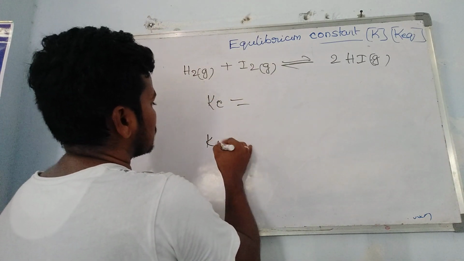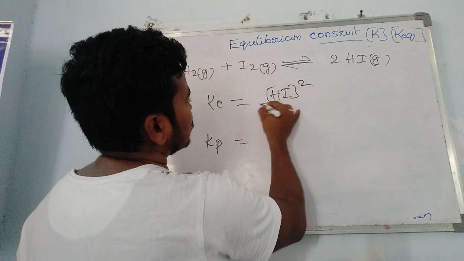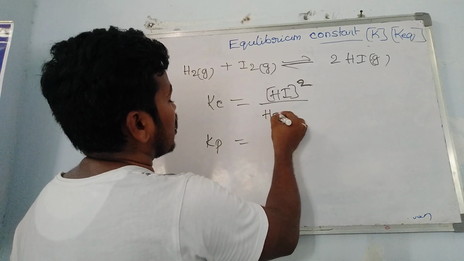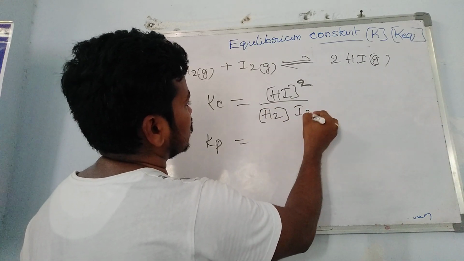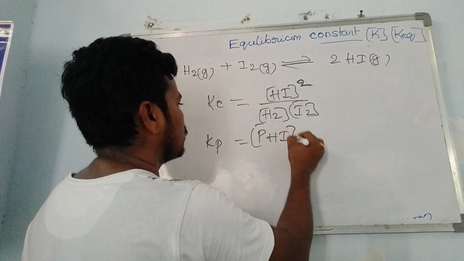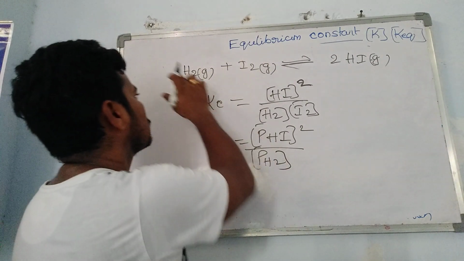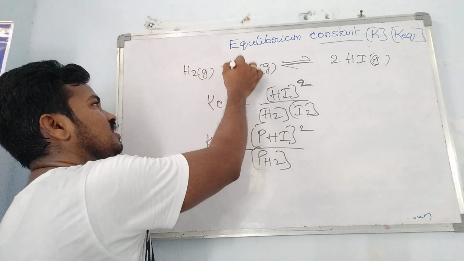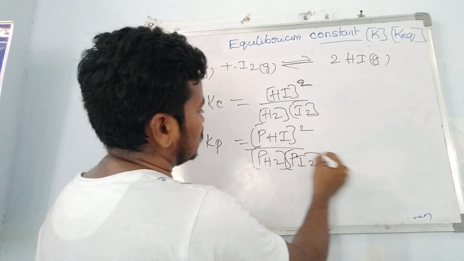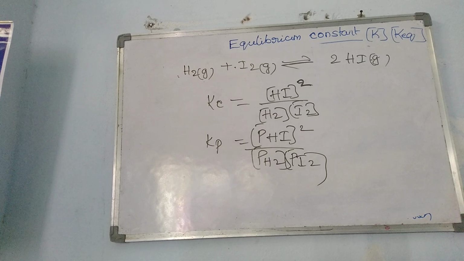Kc, Kp is equal to product active mass upon the reactant active mass. So HI active mass, H2 active mass; if a 2 is there, you have to raise to the power. So this is the expression for the Kp and Kc.